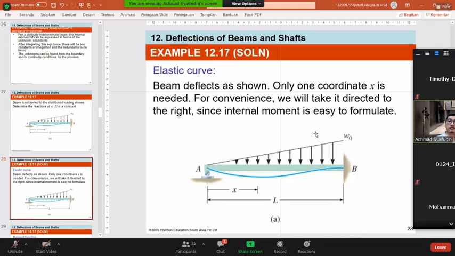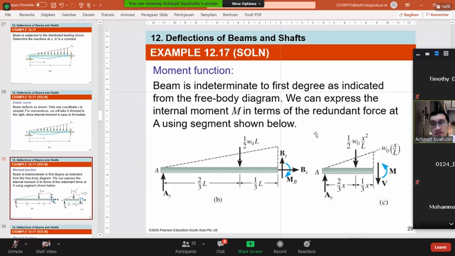You can solve the problem from left to right or right to left as you like, but for a problem like this, the simple way is to start from left to right, because the support is on the right.